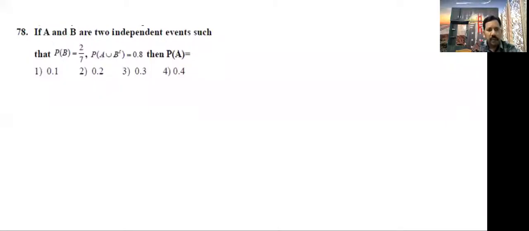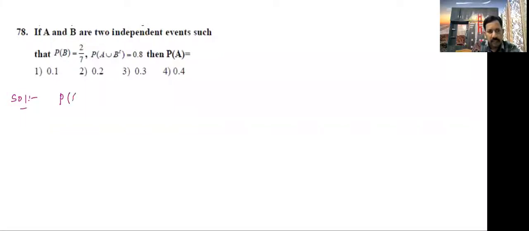A and B are two independent events such that P of B is equal to 2 by 7. P of A union B complement is equal to 0.8. Then P of A. So here the first condition is A and B are independent.